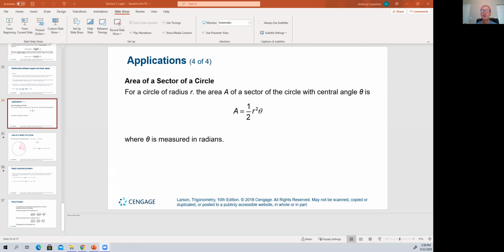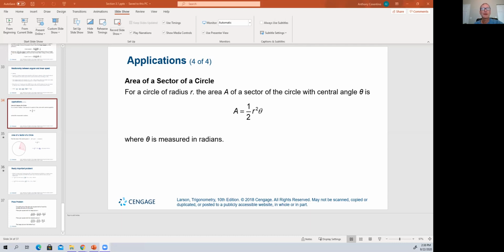Like the area of a circle is pi r squared, and if you wanted a quarter of that, you would divide it by 4, et cetera, et cetera. So in this case, instead of doing that, we have this equation of area, which is 1/2 the radius squared times the angle.